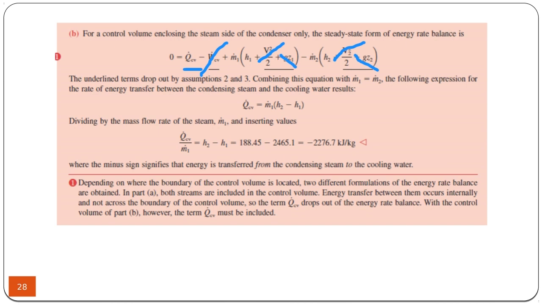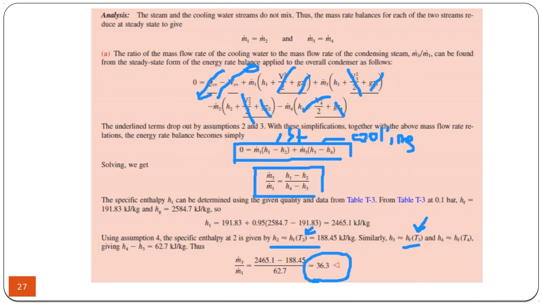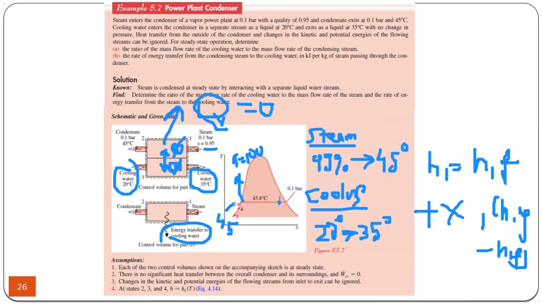If you calculate this, you find that the Q transferred to the cooling water is minus 2276.7, which means it's necessary to remove from the steam this much heat in order to convert this mixture steam to subcooled liquid.